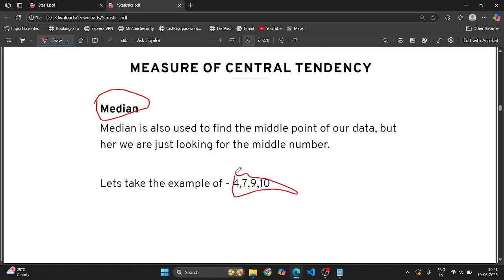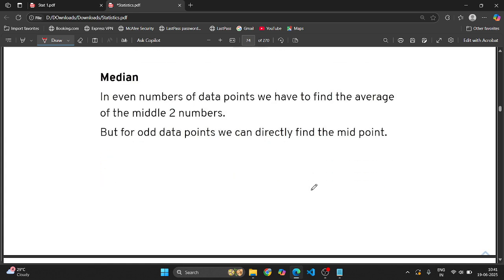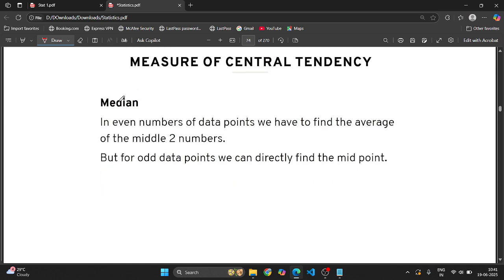Can anybody answer? In even numbers of data, we have to find the average of the middle two numbers.